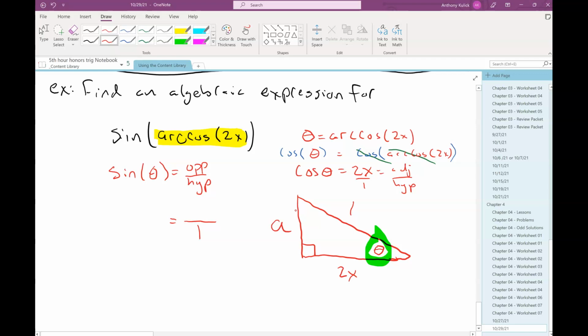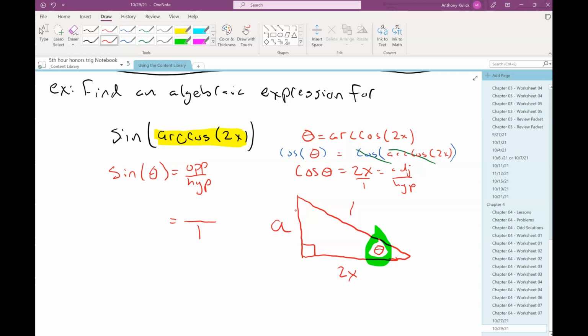How can I find that in a right triangle? If you know two sides and you're looking for the third? The Pythagorean Theorem.